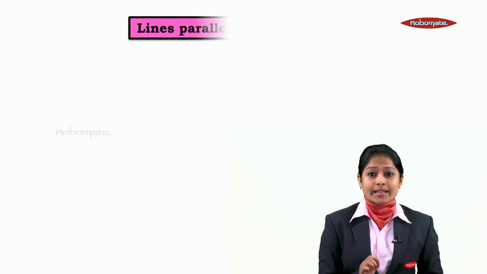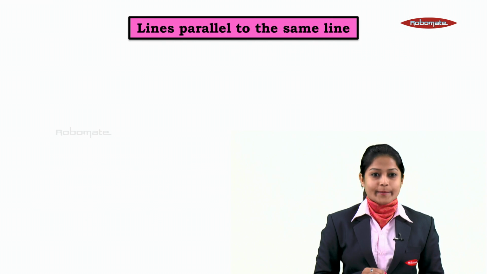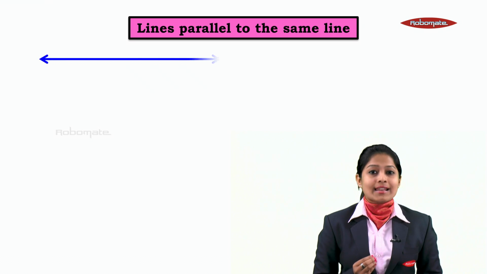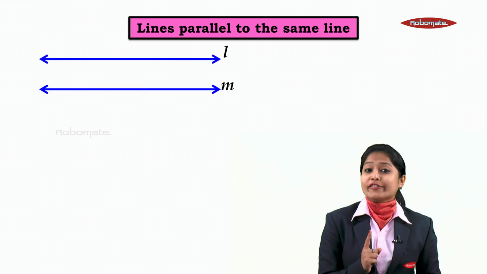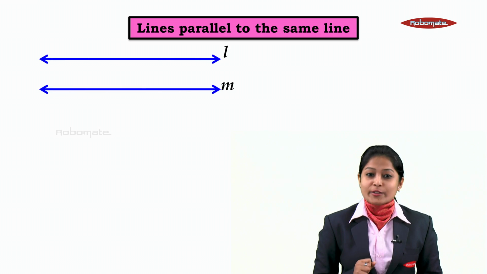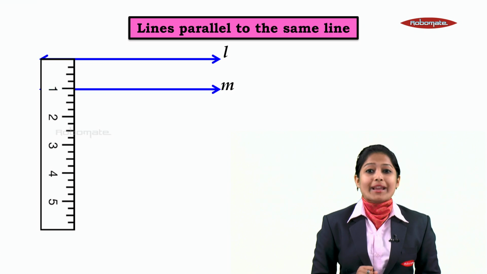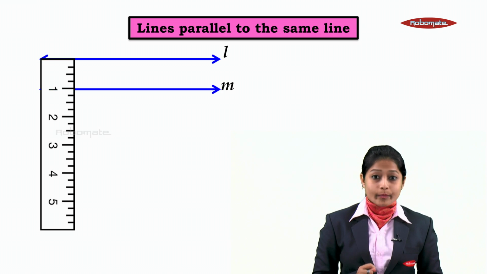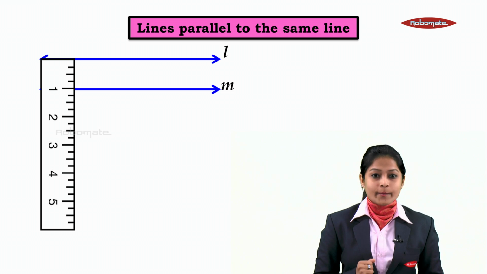Now, let us proceed ahead, students, with the concept regarding lines parallel to the same line. Taking two lines, again, line L and line M. We need to find out if line L is parallel to line M. For that, let us take a ruler and measure the distance between line L and line M. And we find out that the distance is 1 centimeter.